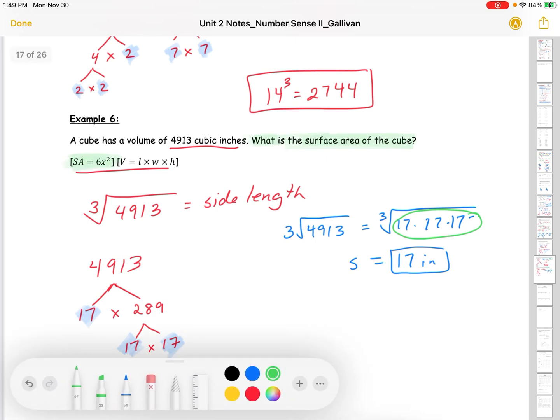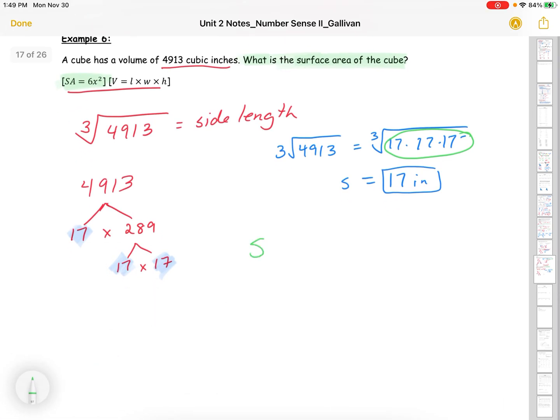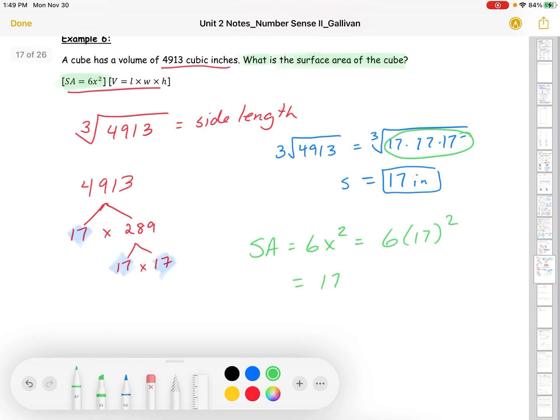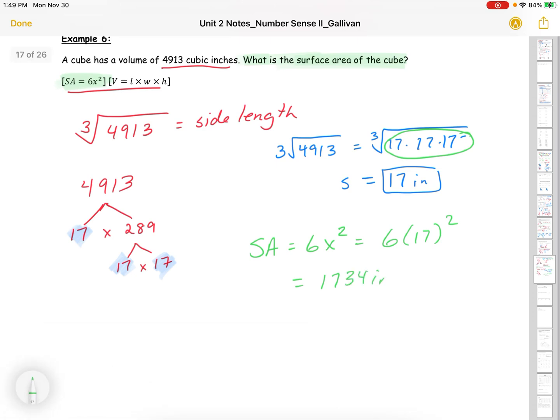So we have to use this formula here, okay? So surface area equals 6x squared, where x is equal to the length of the side, so 6 times 17 squared. 6 times 17 squared is equal to, 174, or 34, oops, 34, not 43. 1734 inches squared. So that's our surface area.